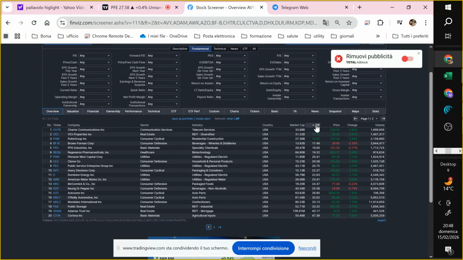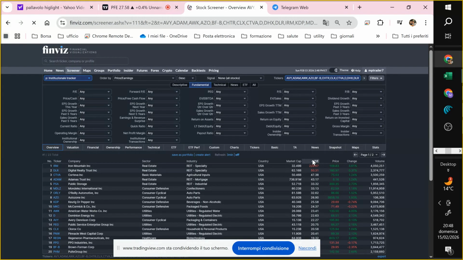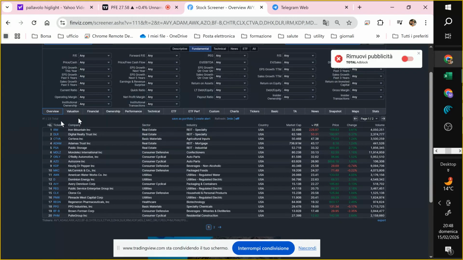with, for example, price earnings. We know that many investors don't want to invest in stocks with a high price earnings, and so we can see now very quickly, for example, that IRM has an incredible price earnings.